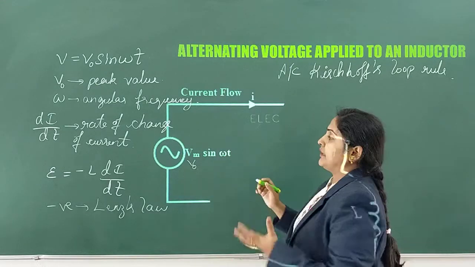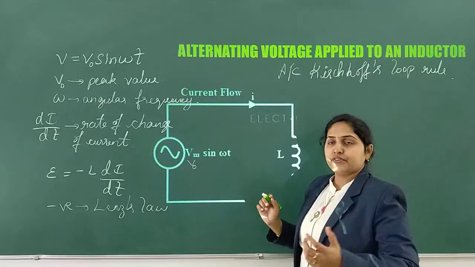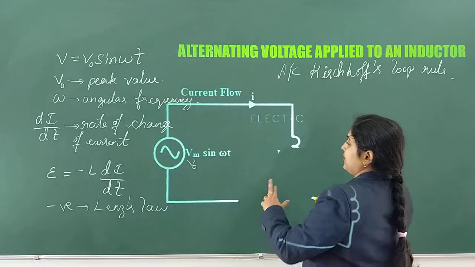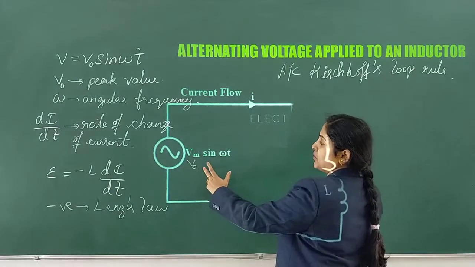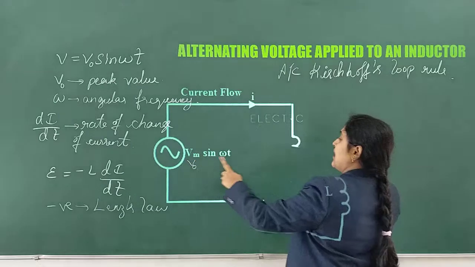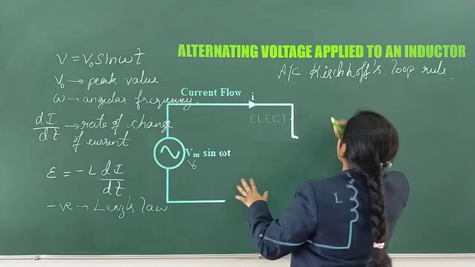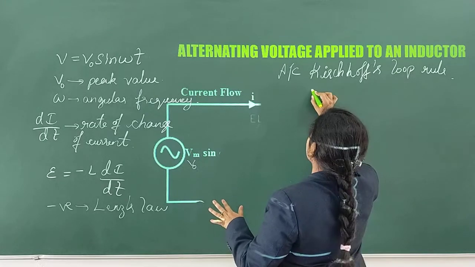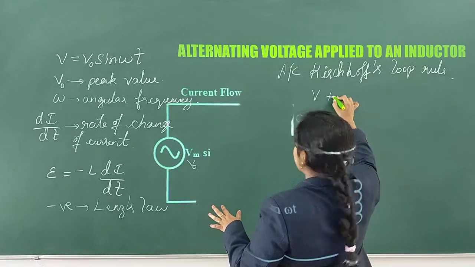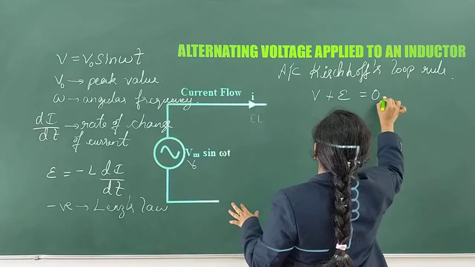According to that, the total voltage in the circuit is equal to 0. That is, the total voltage is the input voltage across the source plus the EMF developed in the inductor. So V plus epsilon equals 0.